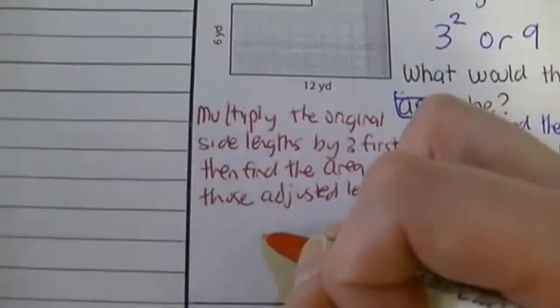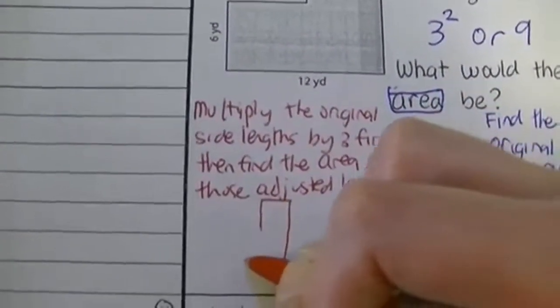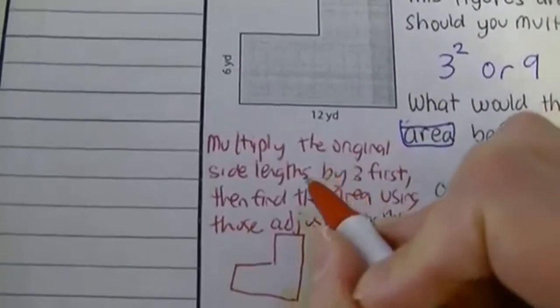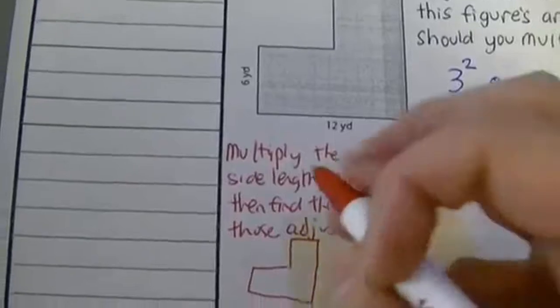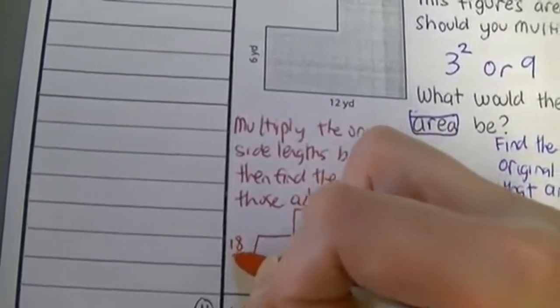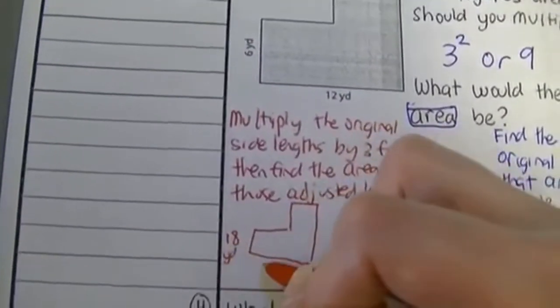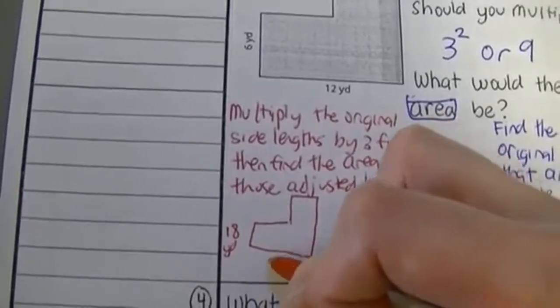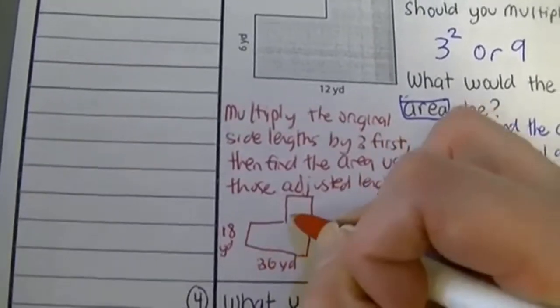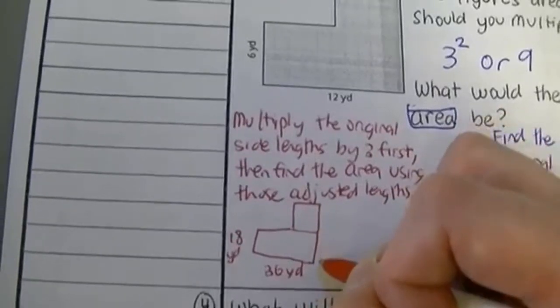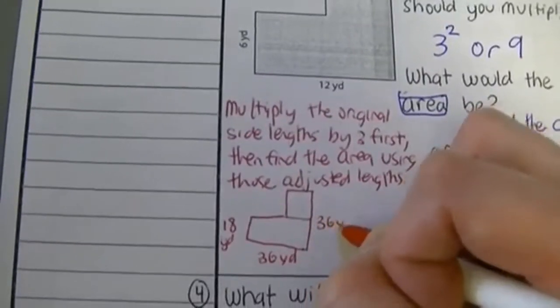Okay. So I'm just going to draw a quick little shape that's supposed to look like that. So I've got to multiply the original side lengths by 3 first. So that would bring this to 18 yards. This whole side would be 36. Then this whole thing right here would be 36.